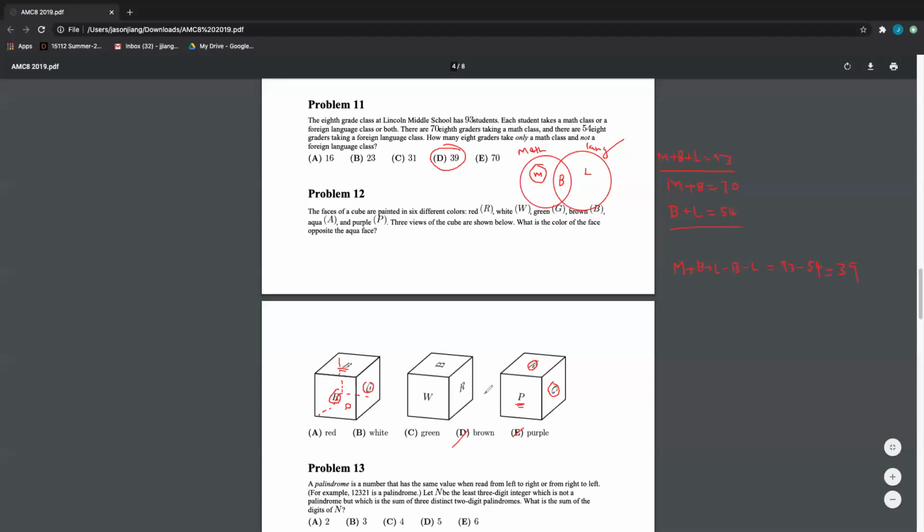this center cube. We see this R here. Well, we know that the B has to be touching the R and the G. So that tells us that the G has to be on this face right here.